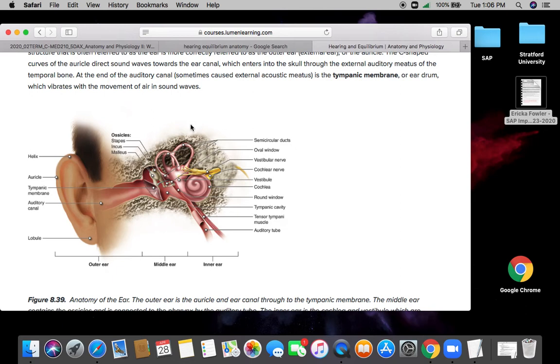Now this is called your pinna, this whole entire thing, which is part of your auricle, helix, and lobule. It serves no real purpose. Its only real cool function is to hold your earrings or hold your glasses up. It is the auditory canal that's important.